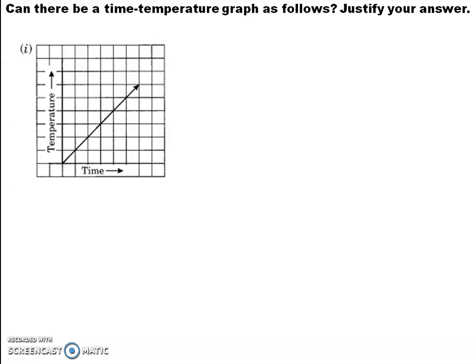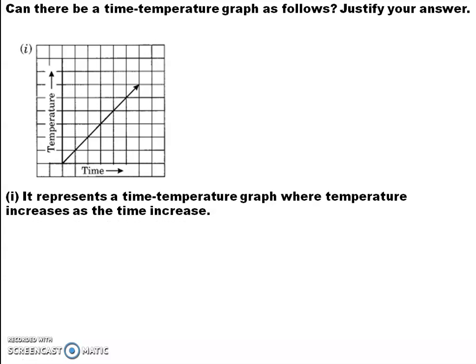Only then will you get a linear graph like this. This is an example of direct proportion. This graph indicates a direct proportion.